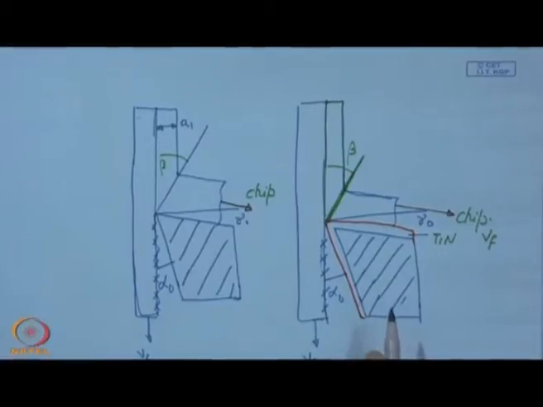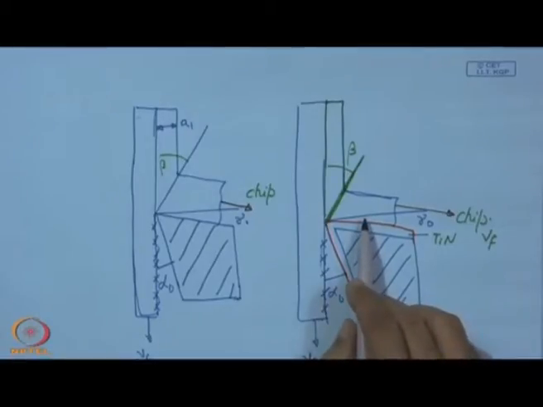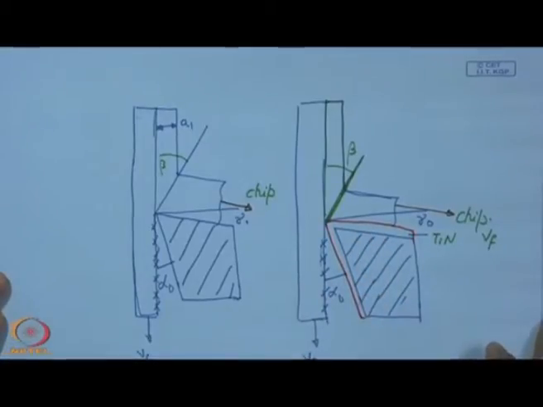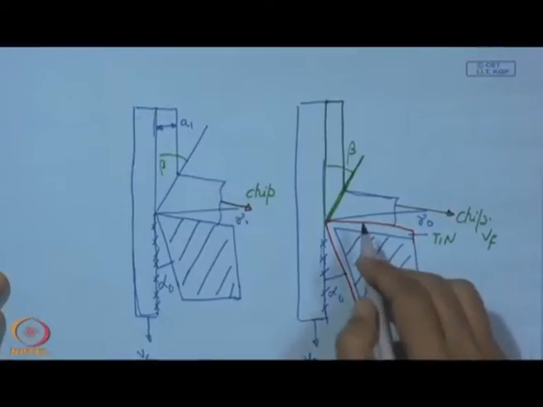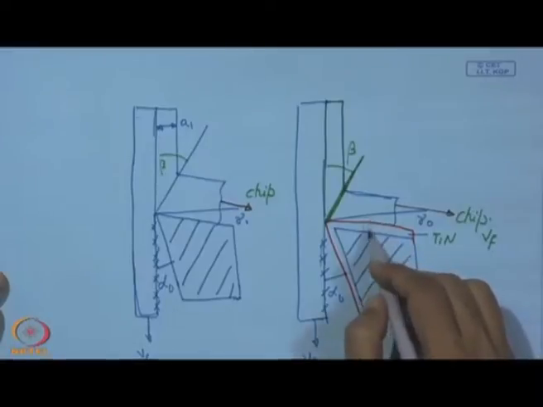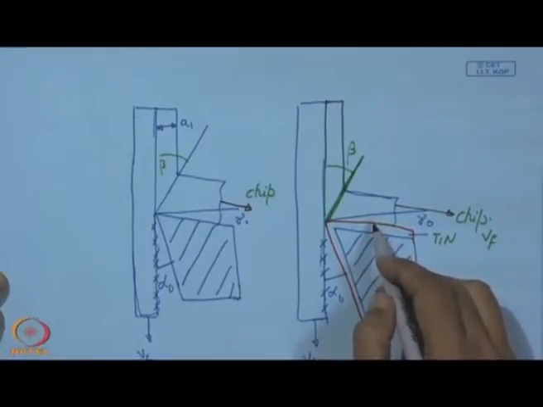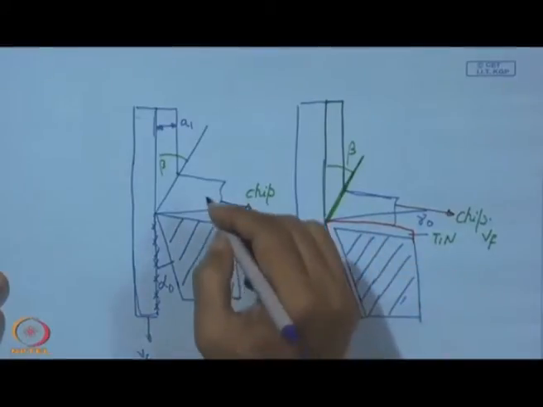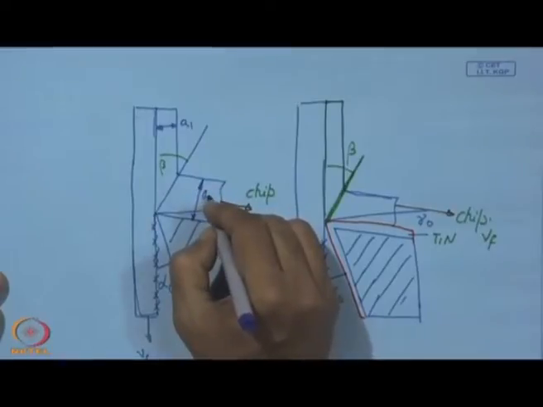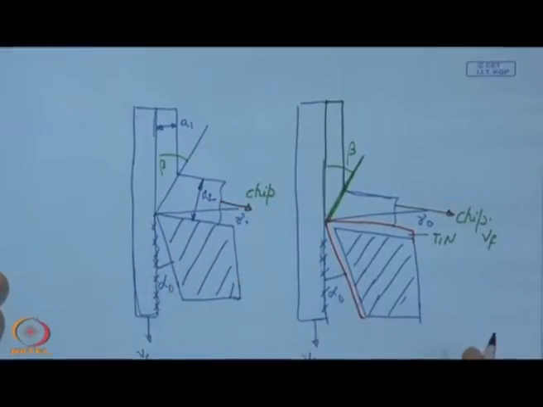So, this rubbing, in particular on the face of the tool, determines a lot of things. First of all, the friction between the tool and the chip. So, if we can reduce this friction between the chip and the tool, then this thickness, which we call A2, the thickness of the chip, will change.